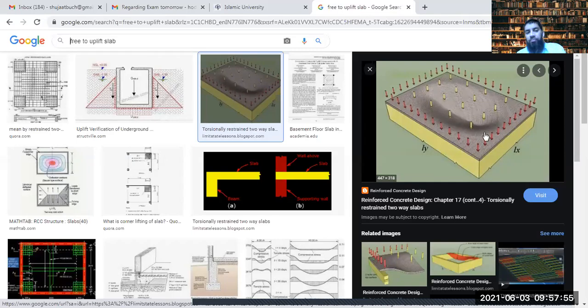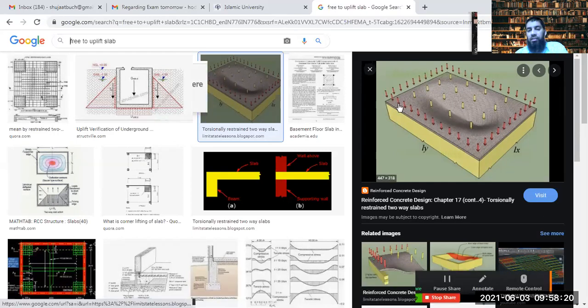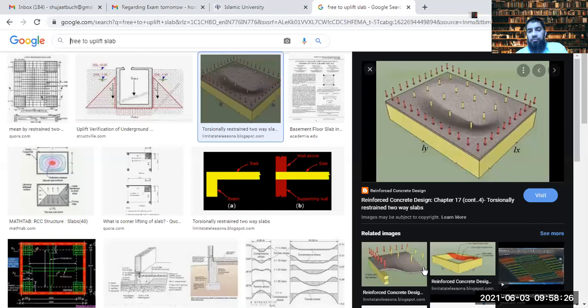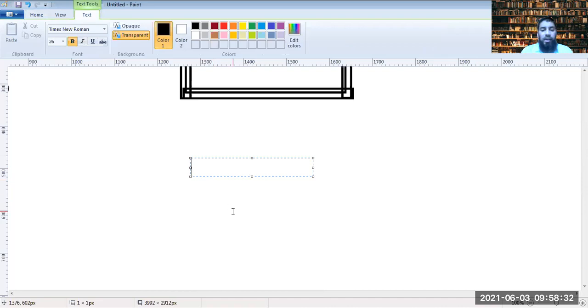It's being loaded. Now in this slab, you can see that the edges are lying down. There are red arrows shown here at the ends. Now this is the load, the yellow arrows at the bottom center. Now the red arrows are showing that there is a restraint on the edge. Now how does that restraint come about? That is known as torsionally restrained here.